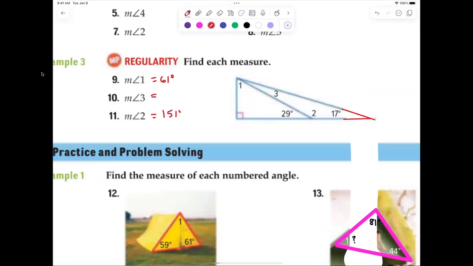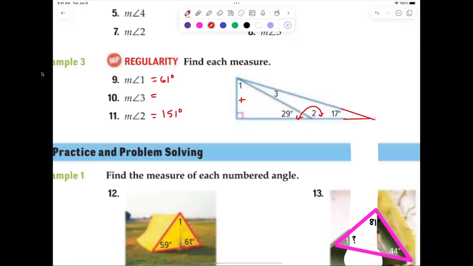I think it's 151, correct? You can either do 90 plus angle 1, or you can say 180 minus 29. Those are your choices. All right.